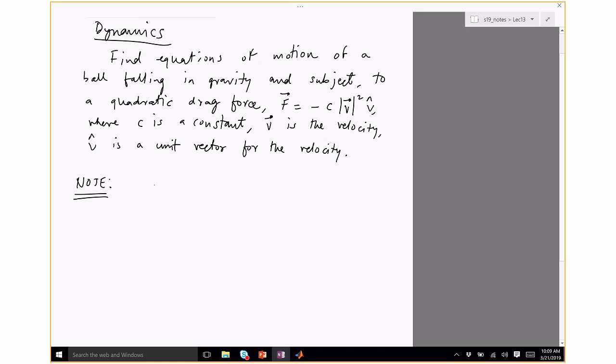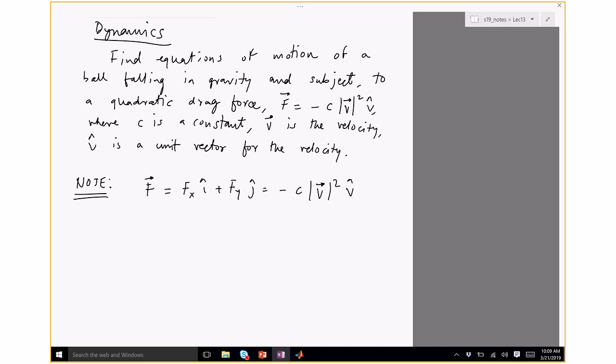When I write the drag force F, it's going to have two components in the i direction and the j direction, Fx, Fy. And I've written down the model as minus c times v squared times the unit vector. So what exactly is v? I would try to write the velocity in terms of x and y, because my equations of motion will be in terms of x and y.